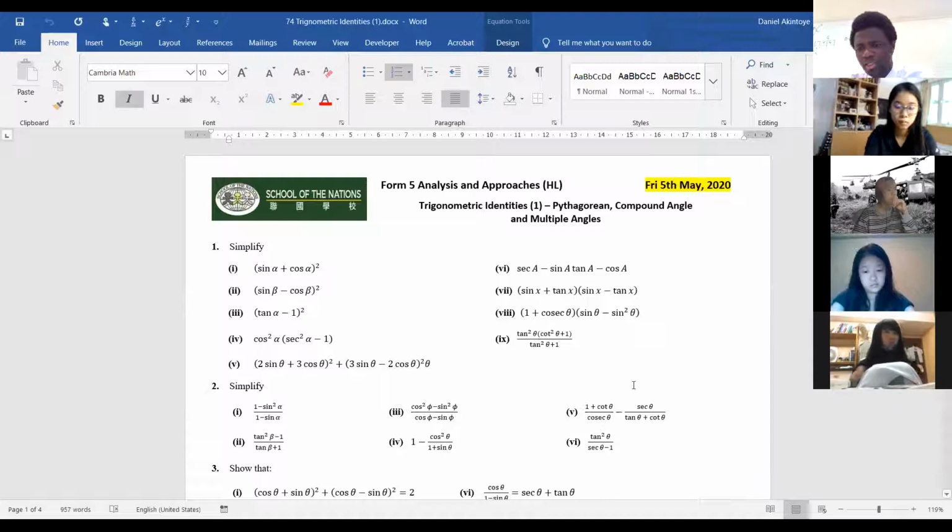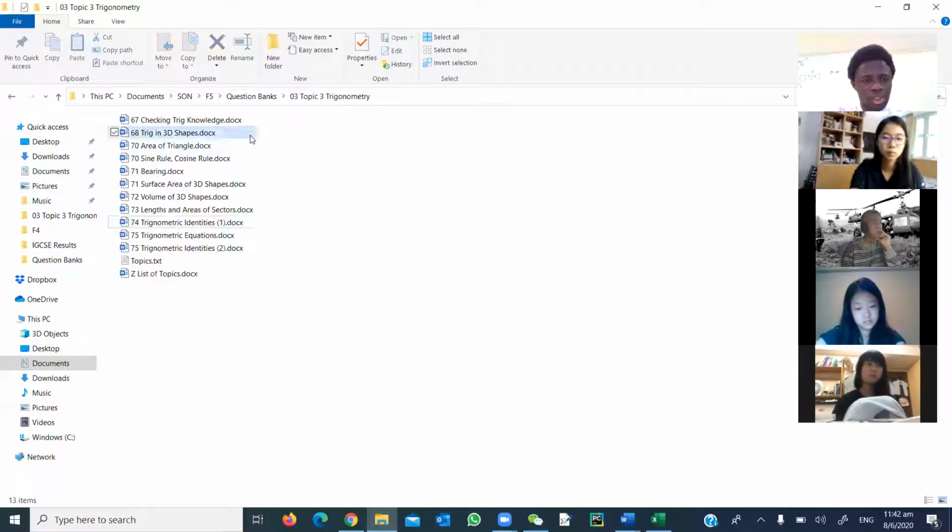Like the bearing, the sine rule, the cosine rule, you can still work your way around it. Even worst case scenario, we are not able to do it. So what I'm going to do is that by the last week of school, once I confirm when the last week of school will be, I will be giving you these worksheets.